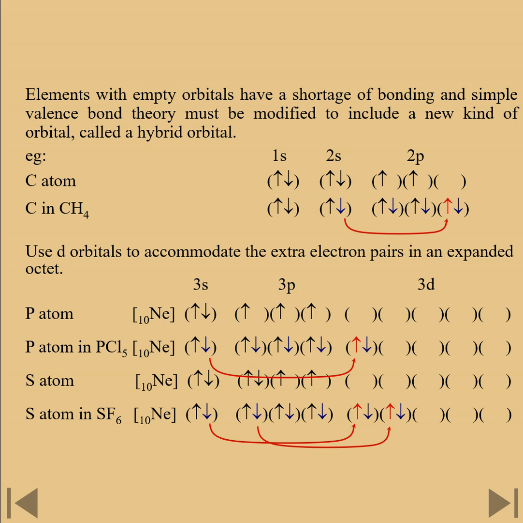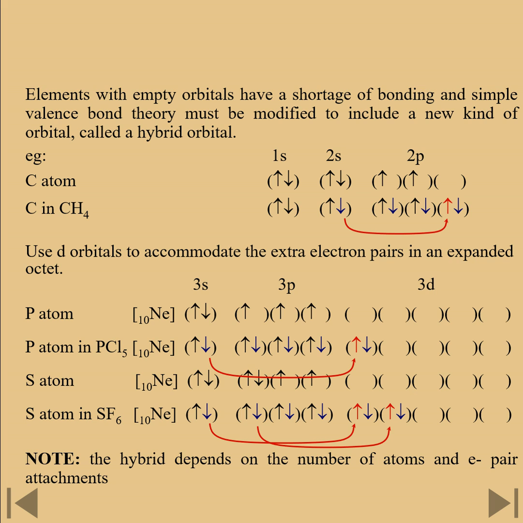Okay, so this is where we really need to hybridize our central element so that we have the bonding potential to match our bonding needs.